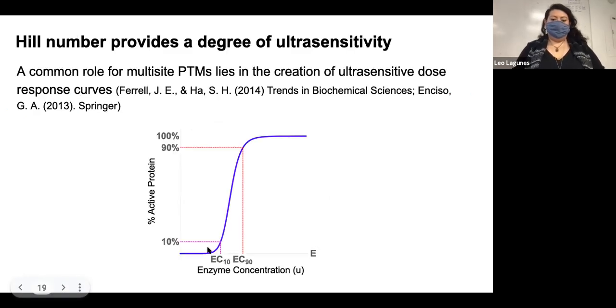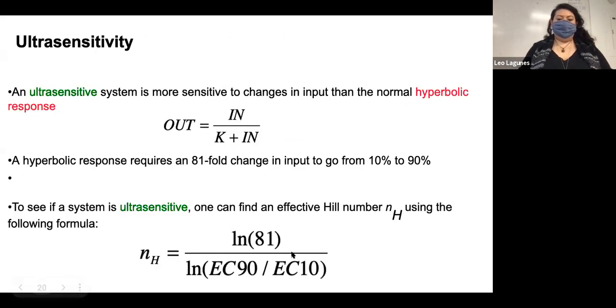Just to remind us what those values are, the EC10 is the effective concentration at which there's a 10% output, while the EC90 is the effective concentration at which there's a 90% output. So the natural log of the ratio of these two would give us the actual Hill number. And all we have to remember is that a Hill number greater than 1 means ultrasensitivity. A Hill number equal to 1 means that you have no ultrasensitivity, or it's just a Michaelis Menten response.